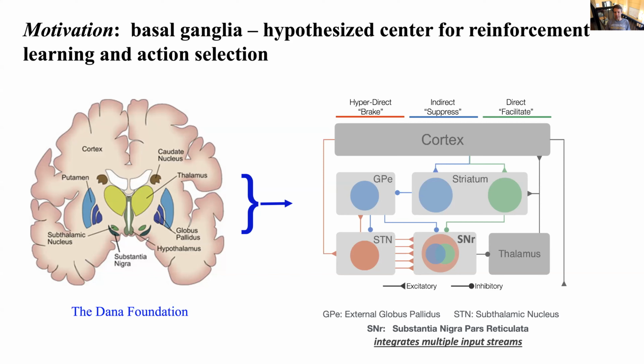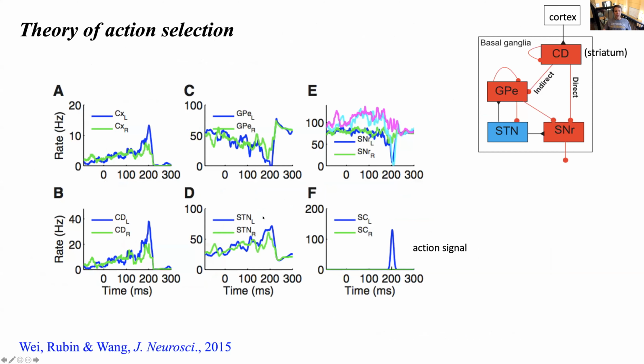Great. Now if we try to simulate a model of this process, over here in the schematic there's different color coding and so on. Now CD is the striatal component, and I haven't separated out direct and indirect, so just pretend they're the same population.